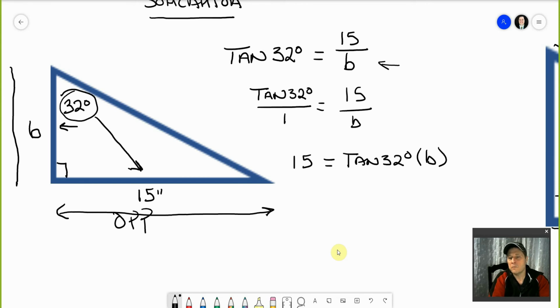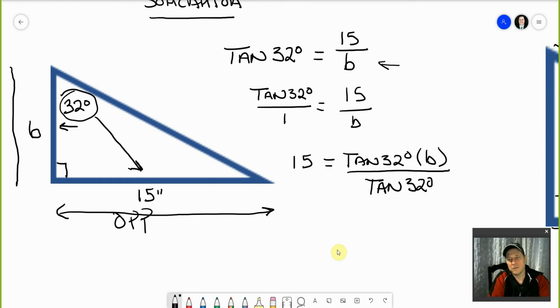Remember, if you want to move something to the other side of an equal sign, you have to do the opposite of what it currently is asking for. Right now, I have to multiply the tangent of 32 times b to get an answer. But if I want to move this tangent 32 over here, I have to do the opposite of multiplying. I have to divide it by the tan of 32.